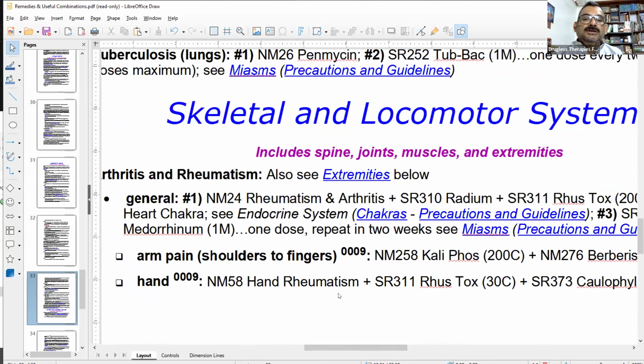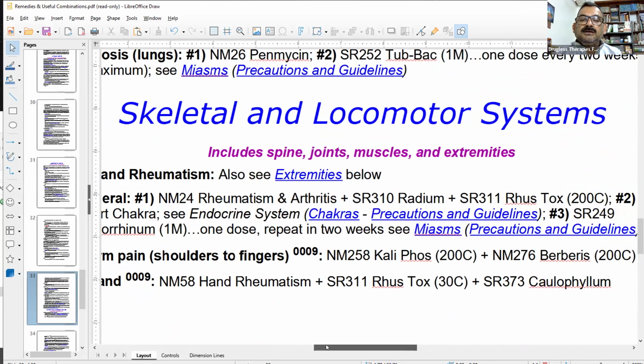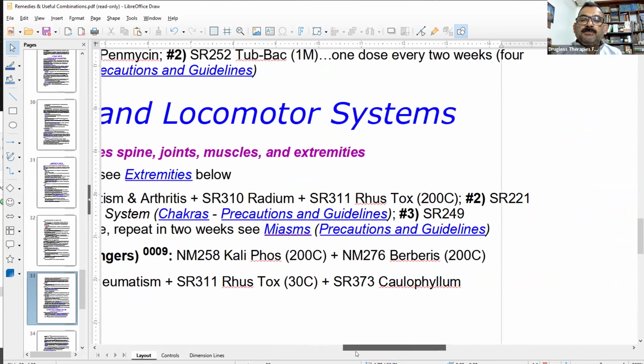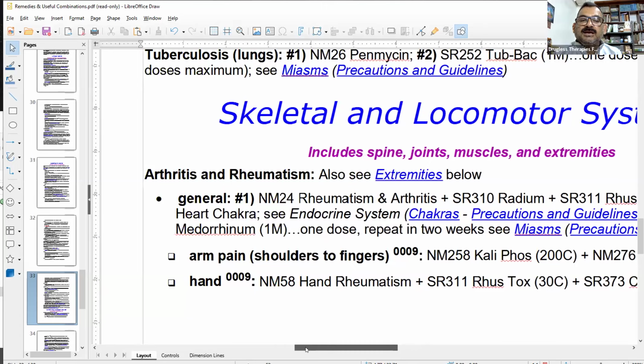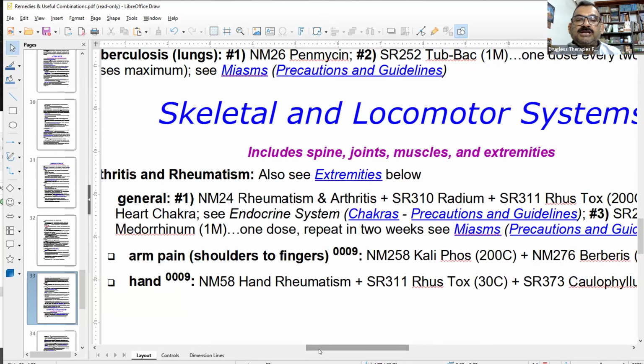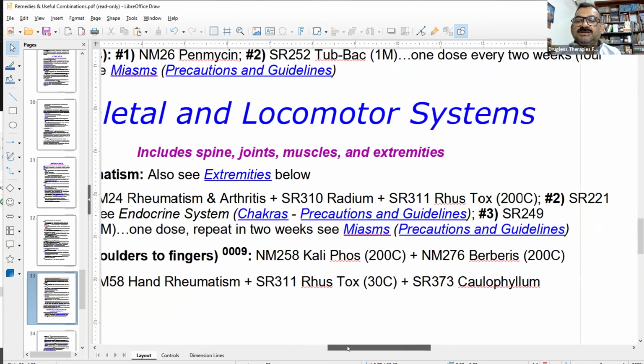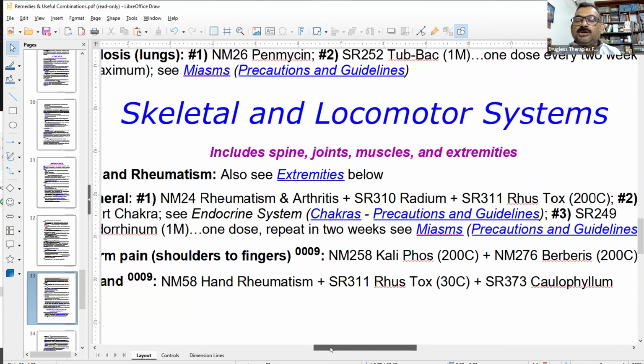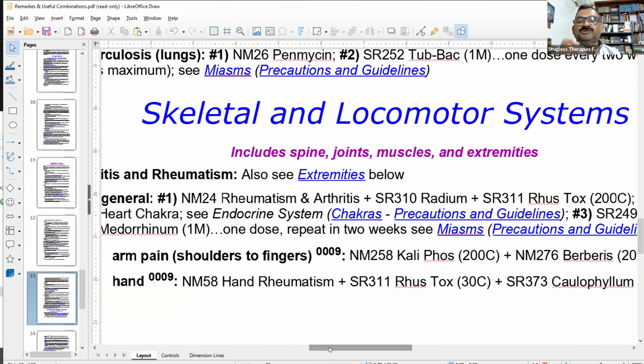Okay. So everything is here: arm pain, shoulder joint pain, Calophyllum, Berberis, and hand rheumatism. I already told you this in the hand while explaining the skeletal system of the hand: hand rheumatism and Restox and Caulophyllum. Caulophyllum is especially for the small joints.